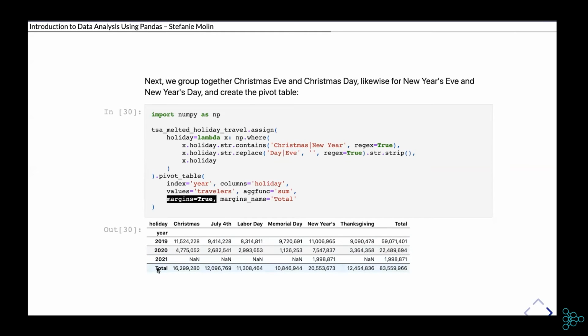In this case, it gives us a new row along the bottom, which is the column sum, and also a new column, which is the row sum. And of course, the bottom rightmost cell will now be the total of everything. With the margins name, we're just renaming it. I believe the default is All, and I'm renaming it to Total. So now you can clearly see the numbers, and they're all formatted according to the format that we specified before. It makes it very easy to compare these numbers across years and holidays.